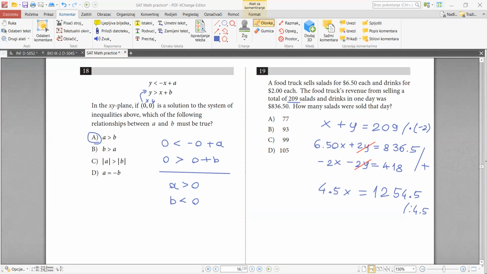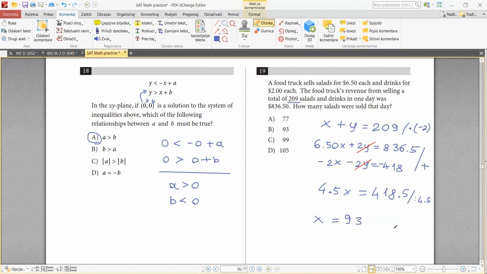And then we divide with 4.5 and we'll get our answer, which is 93.